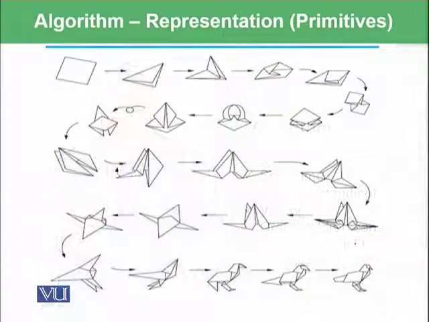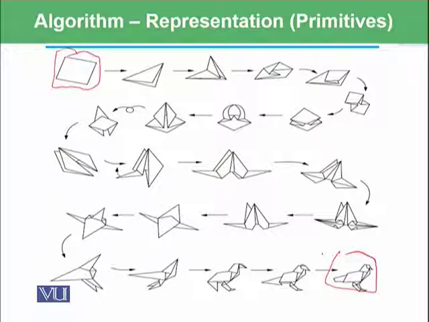So here is a representation where we want to fold a square page into a bird. Here you can see that we are using different symbols.